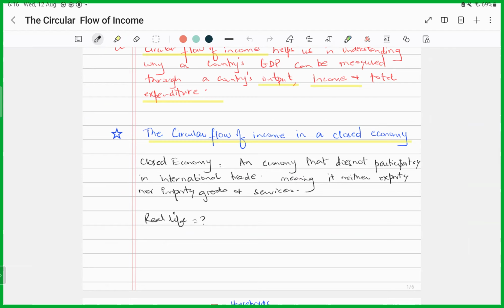That means it would neither be exporting any goods or services, nor importing any goods and services. Since it does not participate in international trade, there won't be a flow of goods and services with trading partners, right? But then again, this is the question mark that I have made. In the real life scenario, it won't exist, but it's there for our own understanding.